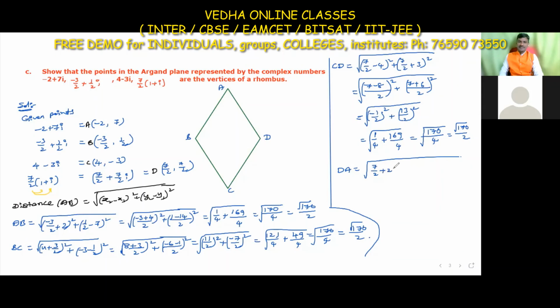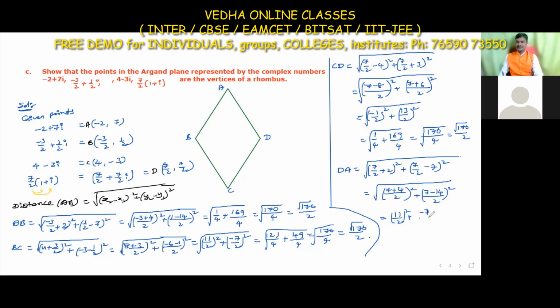7 by 2 plus 2 whole square plus 7 by 2 minus 7 whole square. So take LCM, under root, LCM is 2. 7 by 2 plus 4 whole square, 7 minus 2 times 7 is 14 whole square. 7 plus 4, how much do we get? 11, 11 by 2 whole square. Next, 7 minus 14, how much?